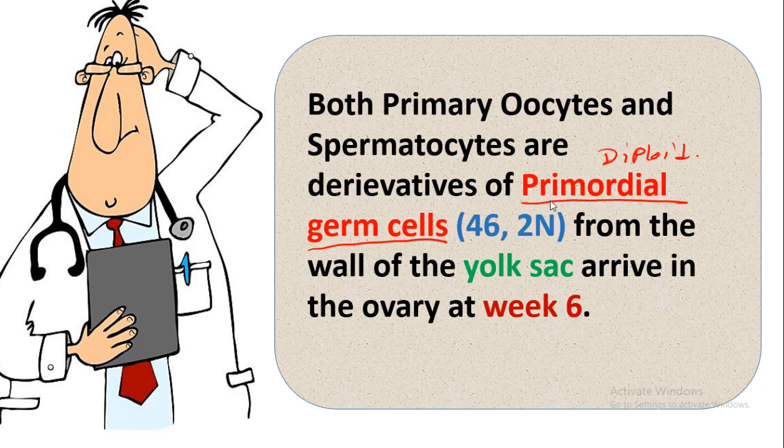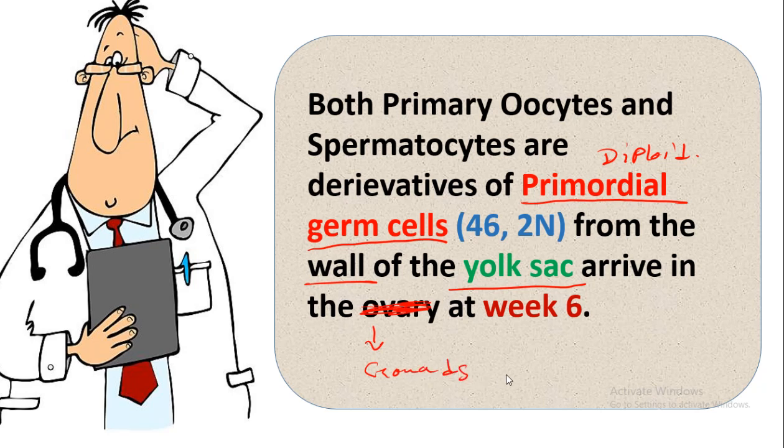Now, these primordial germ cells, where were they made? Where were they formed? Where were they created? They are formed from the walls of the yolk sac. You learn about this yolk sac later on. They are formed from the walls of the yolk sac, and they move to the gonads. Not only the ovary, I'll put the word gonads.